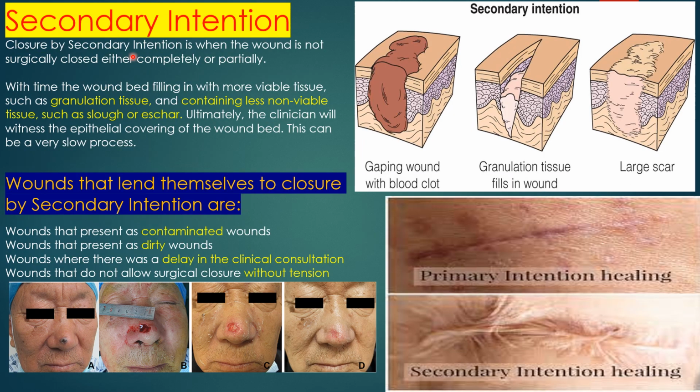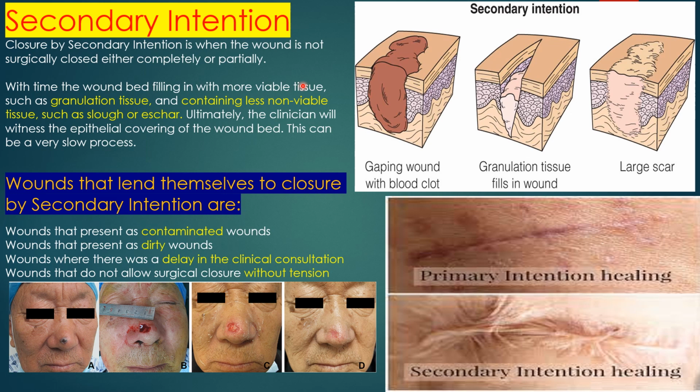Then coming to secondary intention, which means we cannot close the wound primarily with suture material or skin graft and flap. We have to wait until the wound gets granulation tissue without any contamination. That granulation tissue will elevate from the base of the wound, and it will get reepithelialization, which is called secondary intention.